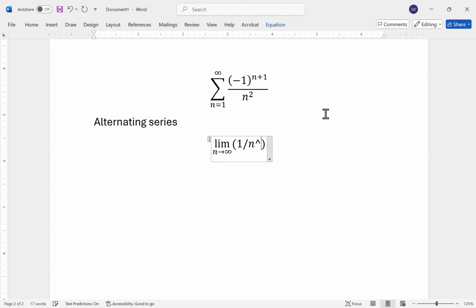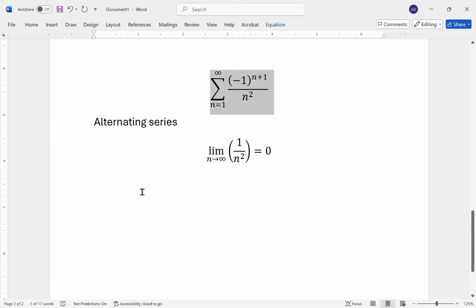That's what I get when I factor out the (-1)^(n+1). So the limit as n goes to infinity of 1/n^2 is obviously 0. So that means the series converges. So the series we know converges.